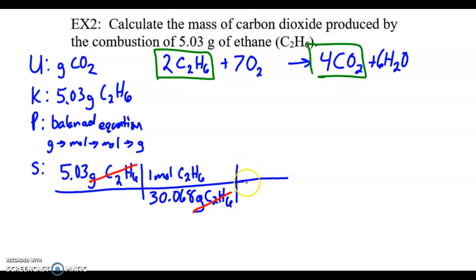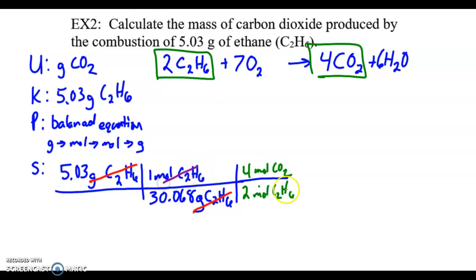Okay, so it's going to be 2 moles of C2H6 on the bottom, and it's going to be 4 moles of CO2 on the top. Alright, and let's cancel out units as appropriate here.